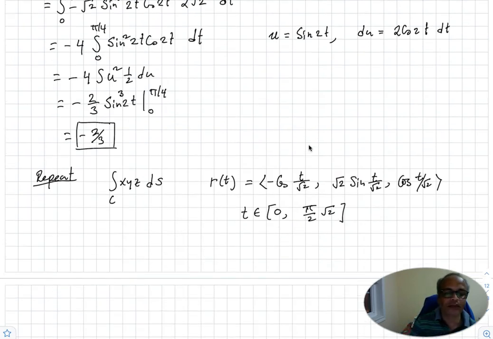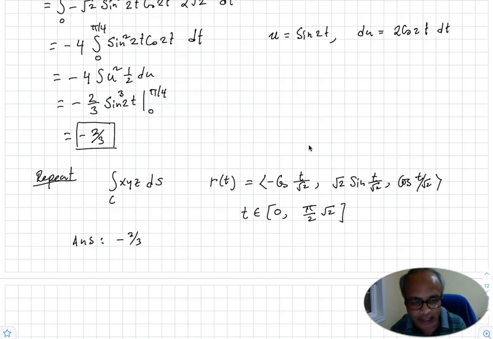Okay, and I leave this as an exercise. You can show that the answer will be minus 2 over 3, the same answer. So what I want to say is that perhaps you can find another parameterization of the path C, and then the integration will be the same -2/3.